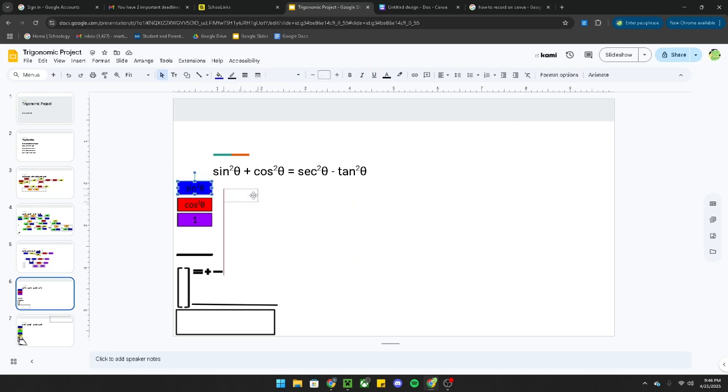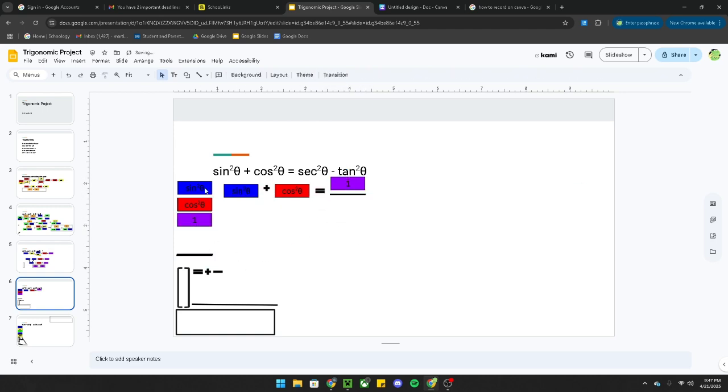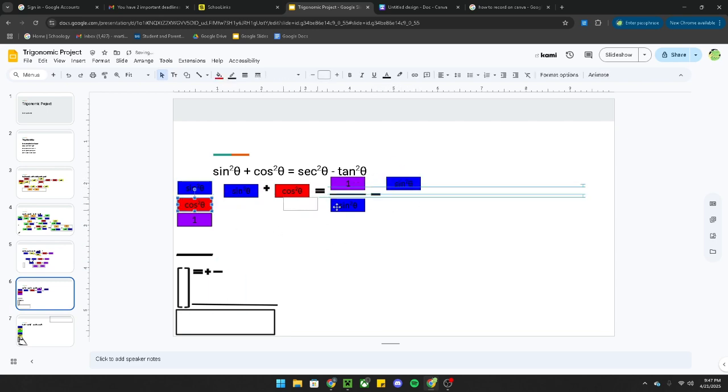You would start off with sine squared plus cosine squared equals 1 over sine squared minus sine squared over cosine squared. And these are squared because tangent is squared and secant is squared.